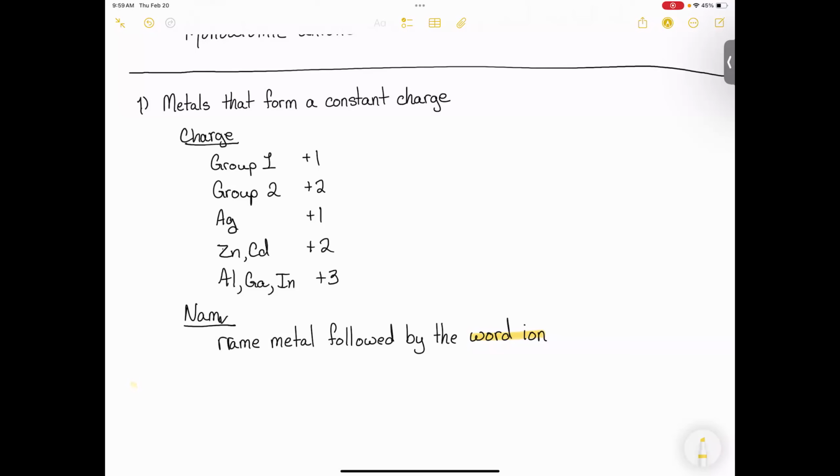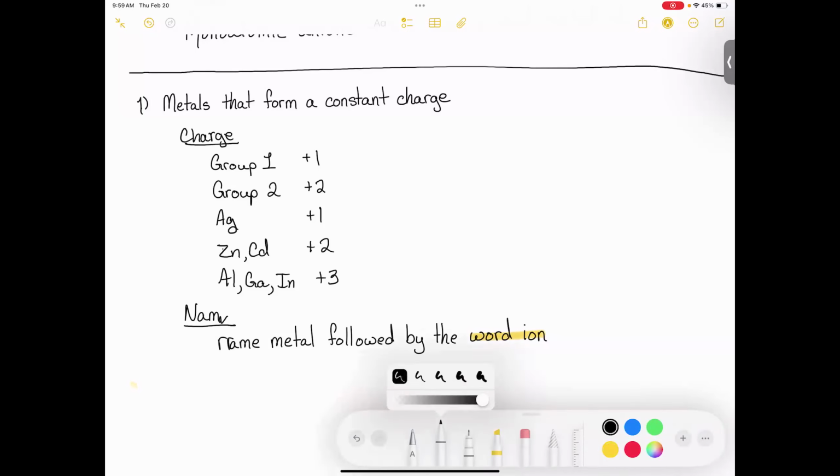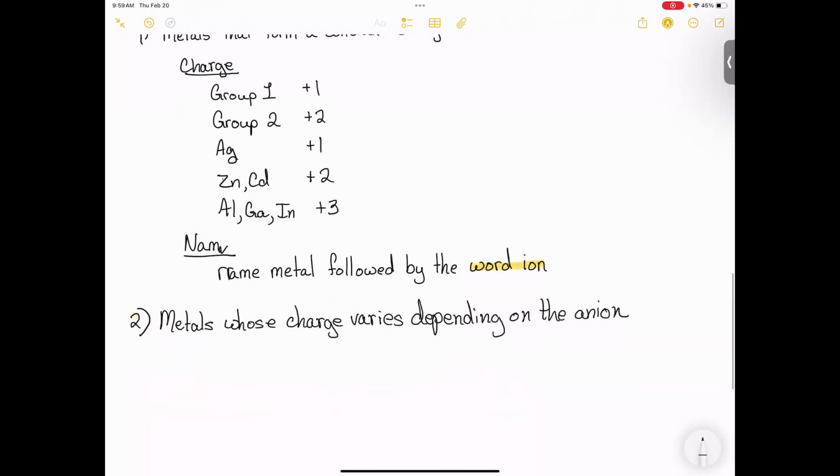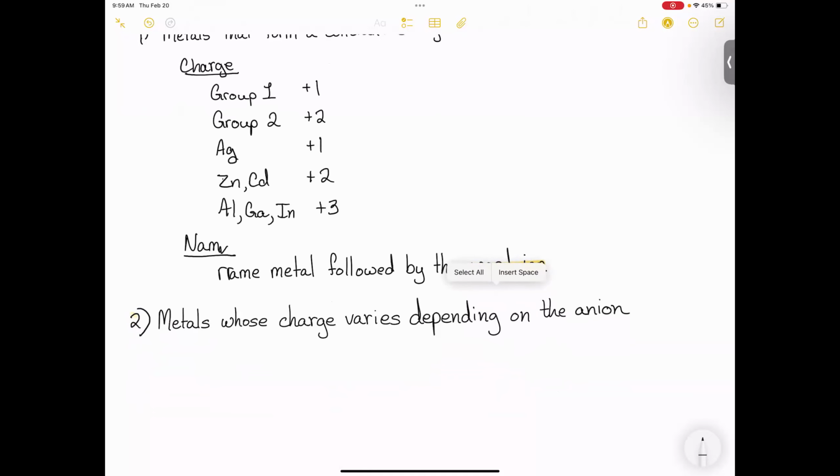Now with the second category, which is the metals whose charge can vary depending upon the anion. With these, it's like yesterday, I gave you iron.